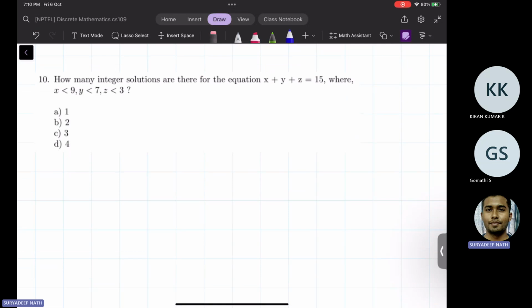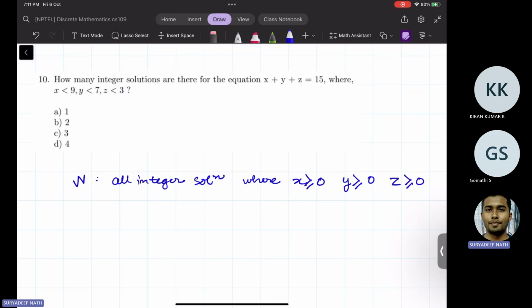So how many integers are there for the equation xyz equal to 15, where x is less than 9, y less than 7, and z less than 3? So again, the easy way to do it is to let n be all integer solutions where x is greater than or equal to 0, y is greater than or equal to 0, and z is greater than or equal to 0.